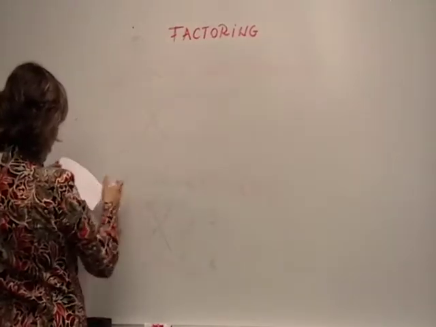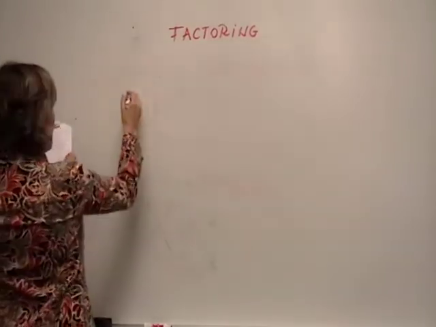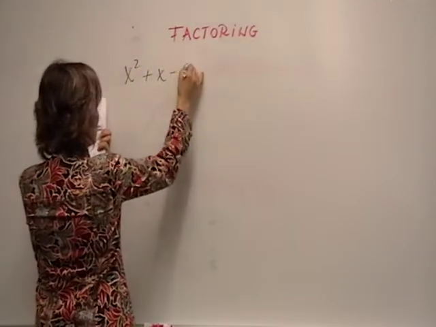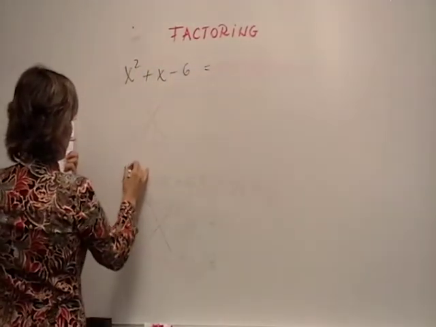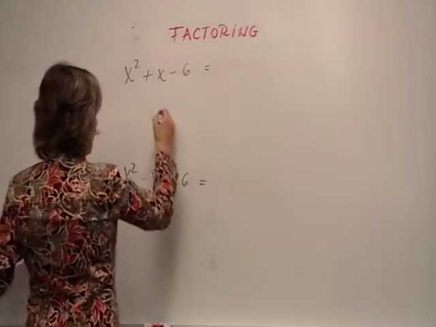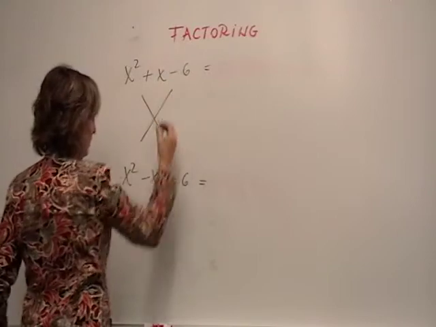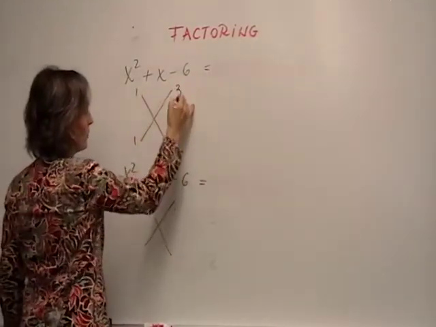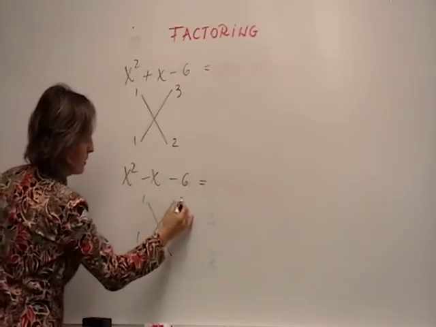Let's suppose you have x squared plus x minus 6 and x squared minus x minus 6. Again, factors 1, 1 and 3, 2, 1, 1 and 3, 2.